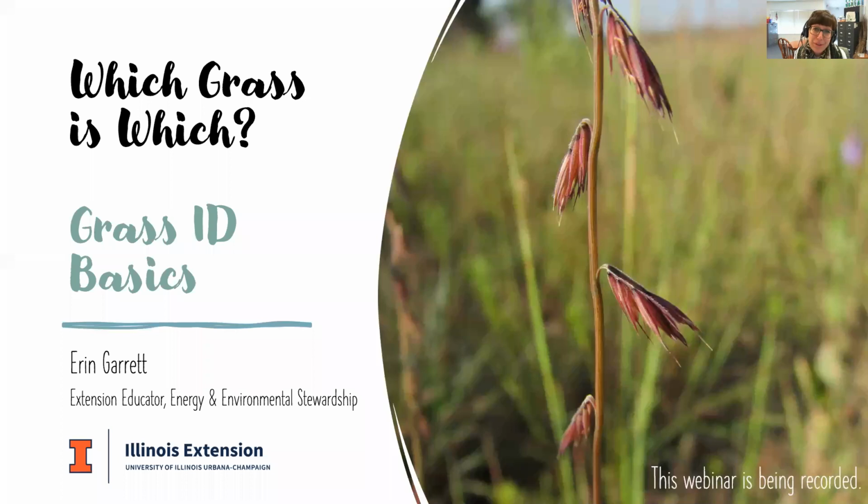Typically I hold this program in person, and we pass around grass samples and we take a hike to see grasses growing. But without that being possible, I still wanted to be able to bring some sort of education. So hopefully with a lot of great pictures, we're going to be able to get some semblance of that experience throughout this week. Hopefully you were also able to access a handout that I provided, and I apologize if the link was not working for you.